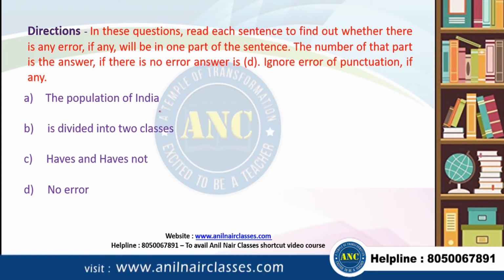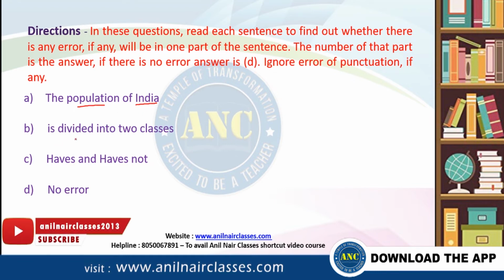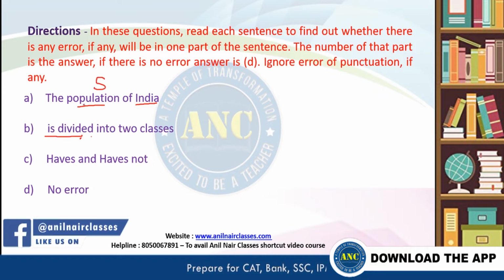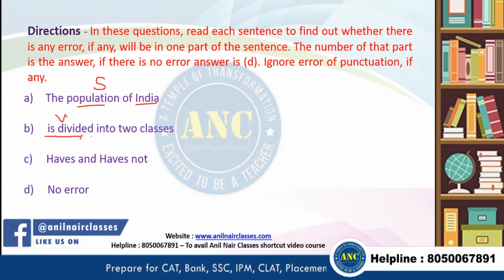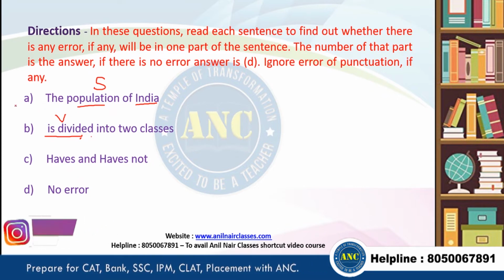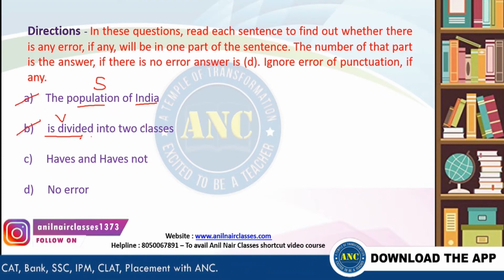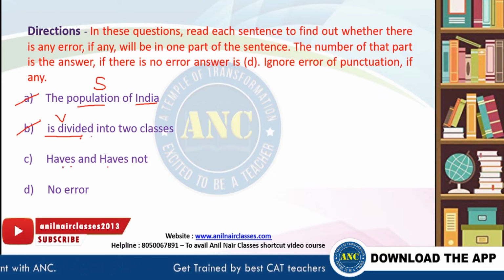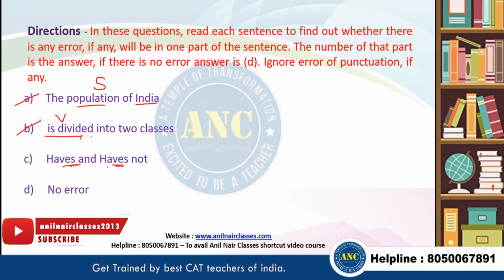The population of India is divided. So what is divided? Population is divided. This is the subject. This is the verb. Subject-verb agreement is there. We can get rid of A and B. Is divided into 2 classes: haves and haves not. We don't have any word called haves.